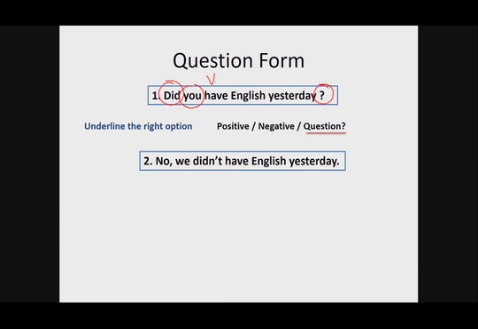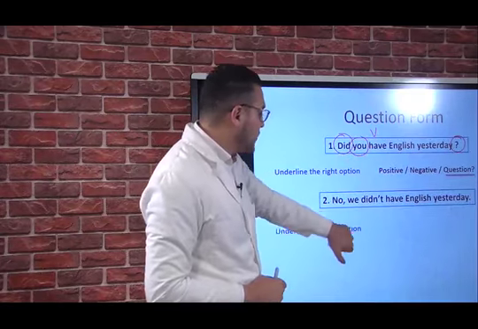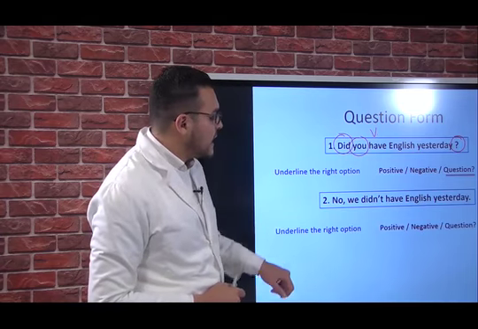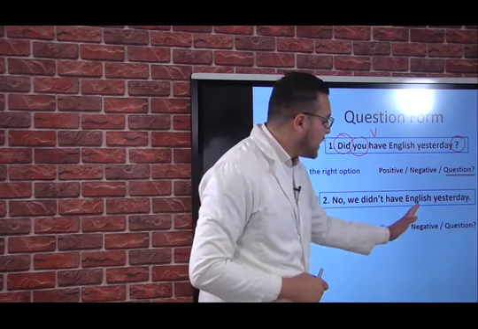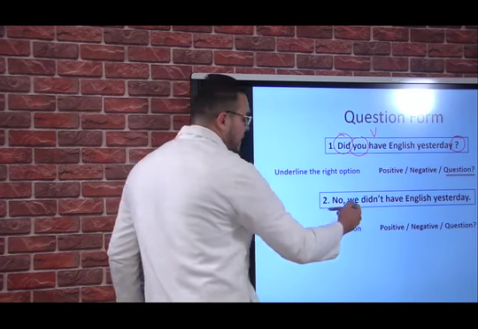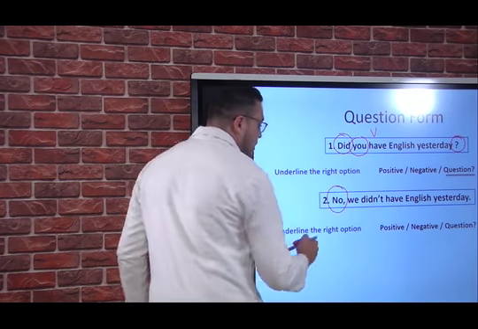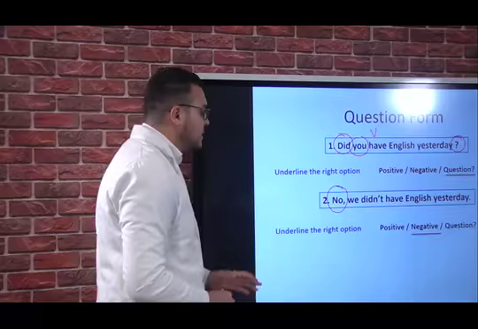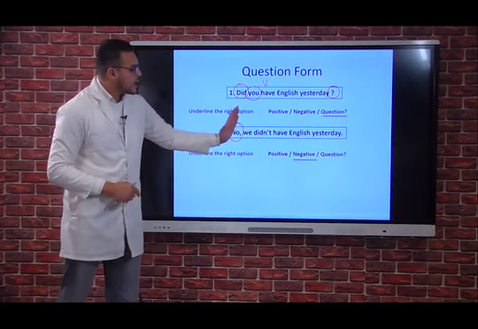It's a long answer in here. No, we didn't have English yesterday. It's a negative form. So let's underline the option. Positive, negative, question. Of course, it's a negative with no. And we say, no, we didn't have English.